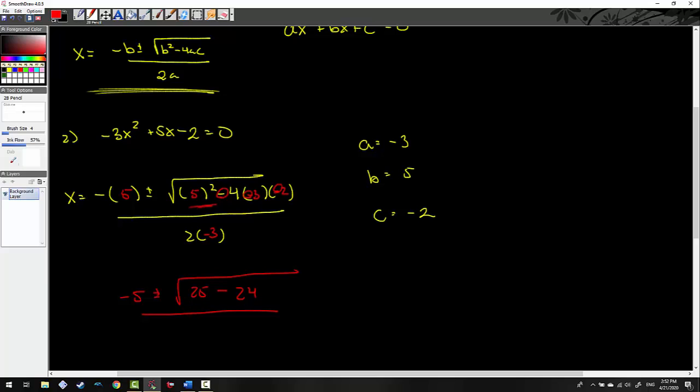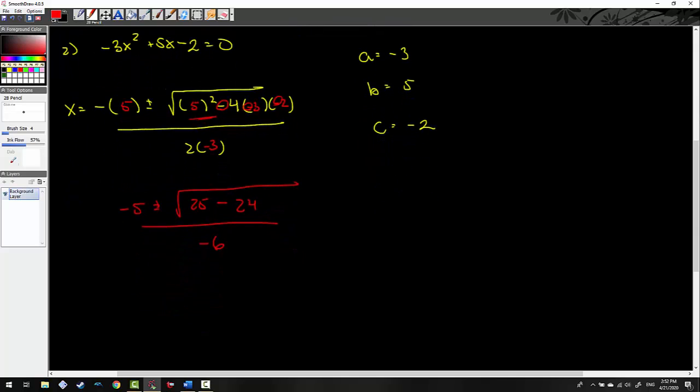Over, looks like negative 6. So this one actually is a pretty interesting case here. 25 minus 24 is 1, so the square root of 1 over negative 6. The square root of 1 is actually 1. So I can call it negative 5 plus or minus 1 over negative 6.